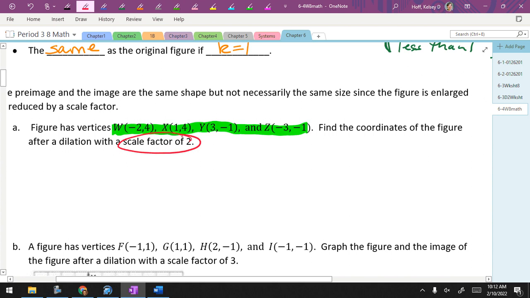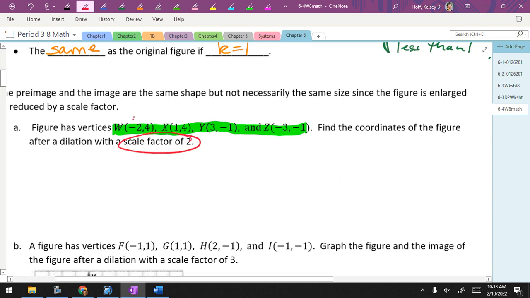Before we do anything, because the scale factor is 2, what do you know about the object after you dilate it? It'll be bigger. It's an enlargement because K is greater than 1. All you have to do is multiply your X and your Y by your scale factor. So multiply every single coordinate by your scale factor of 2.